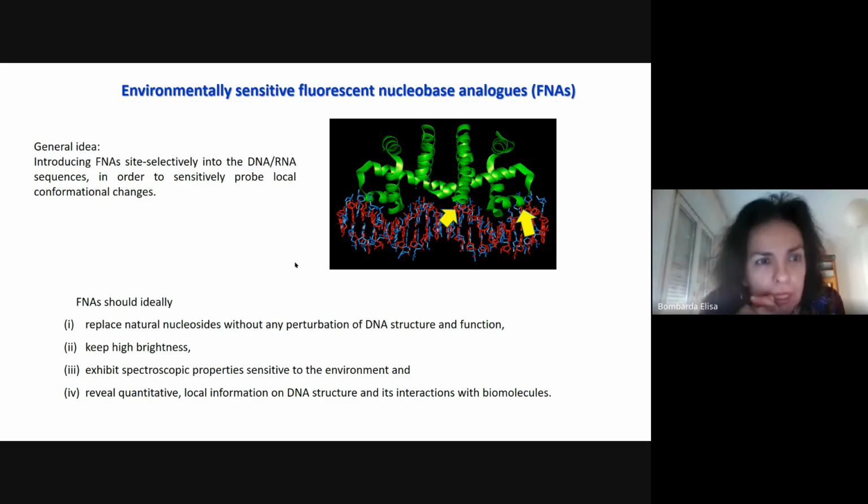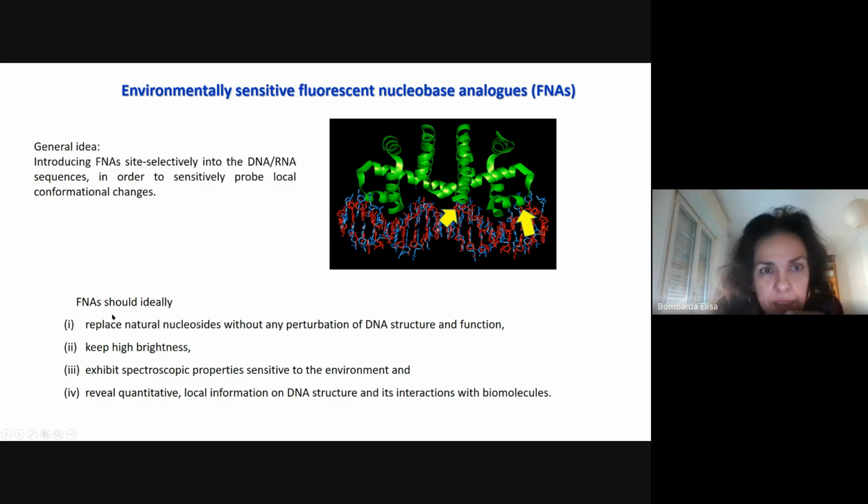Okay. Good. So the general idea is introducing fluorescent nucleobase analog site selectively in DNA or RNA sequence in order to sensitively probe local conformational change.